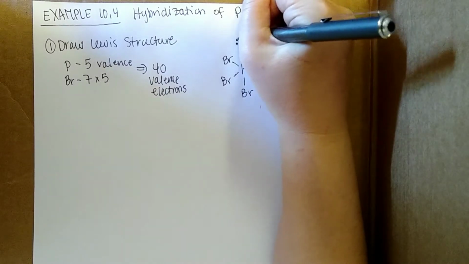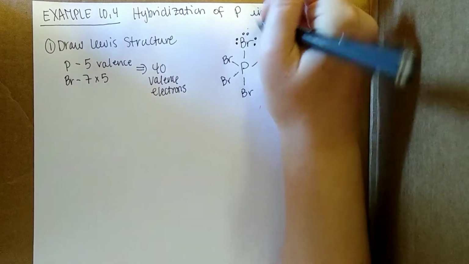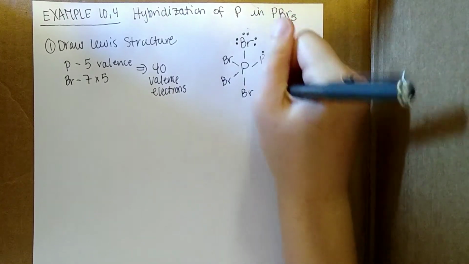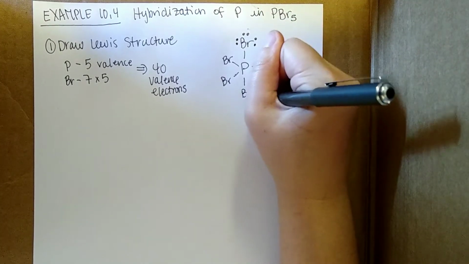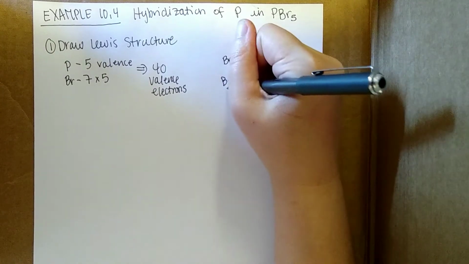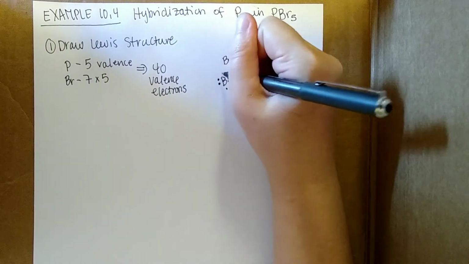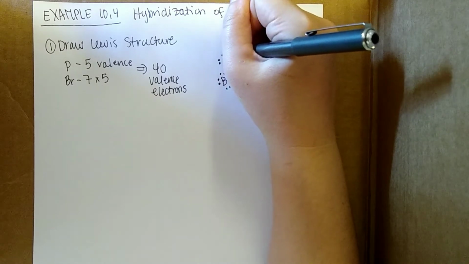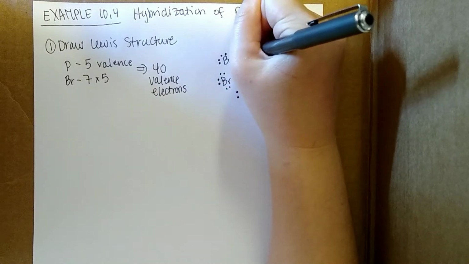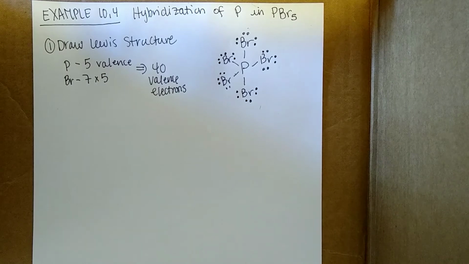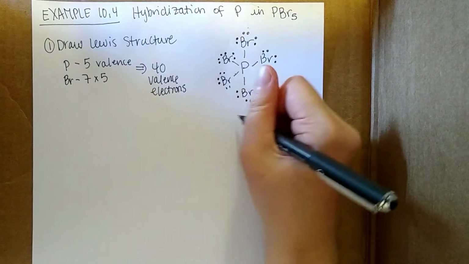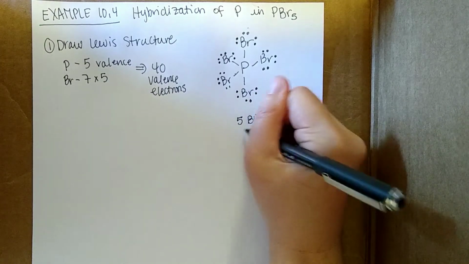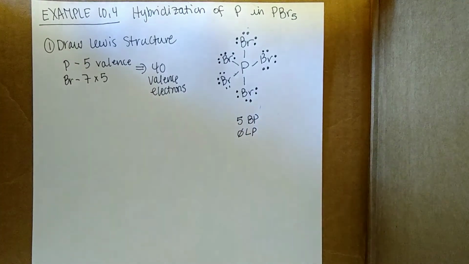So we need to continue counting up to 40. So we know that our phosphorus in this molecule has 5 bonding pairs and 0 lone pairs.